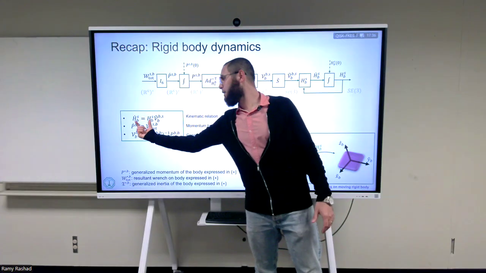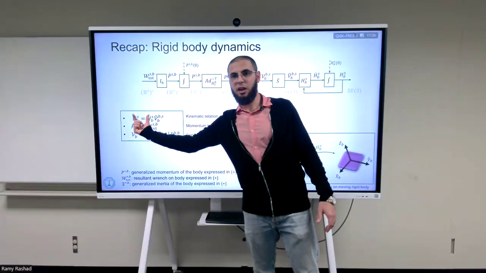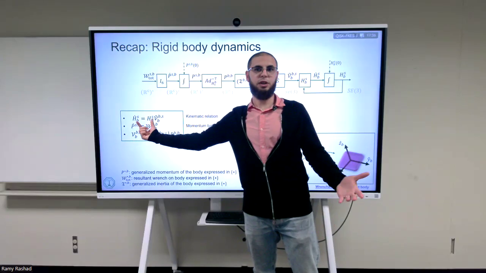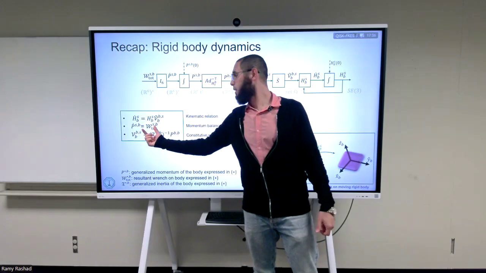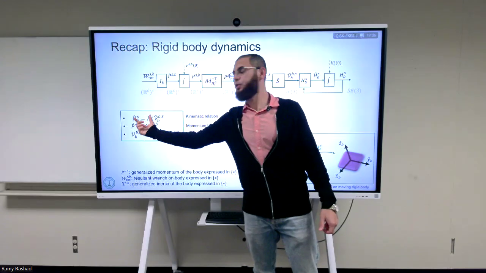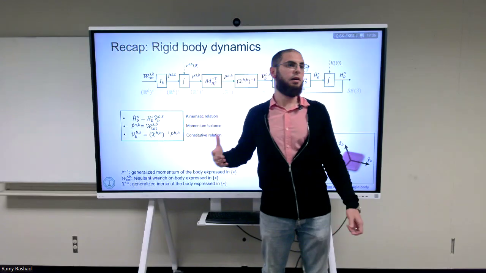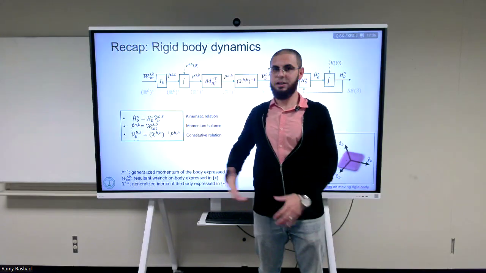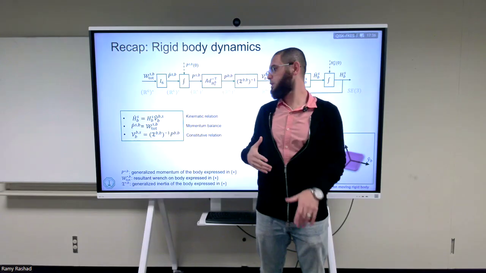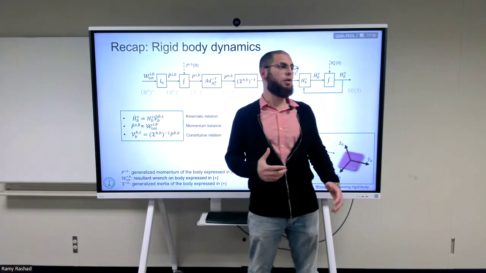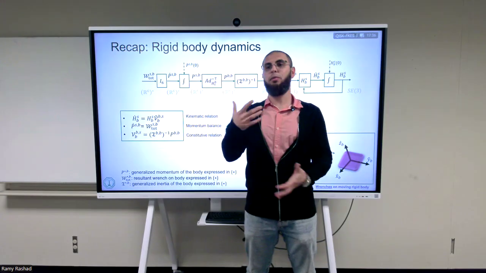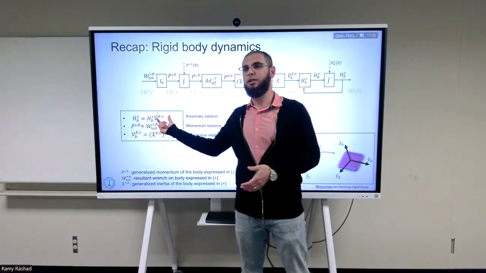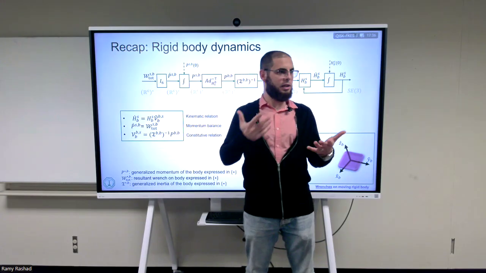You have the rate of change of the generalized momentum variable. So we introduce something called the generalized momentum, P. And when you take the rate of change of it, you'll find that you have all of the applied wrenches upon the body. And the wrench here is a generalized force. It has forces and torques, just like how the momentum has linear momentum and angular momentum, and the twist has linear velocity and angular velocity, and so on and so forth.